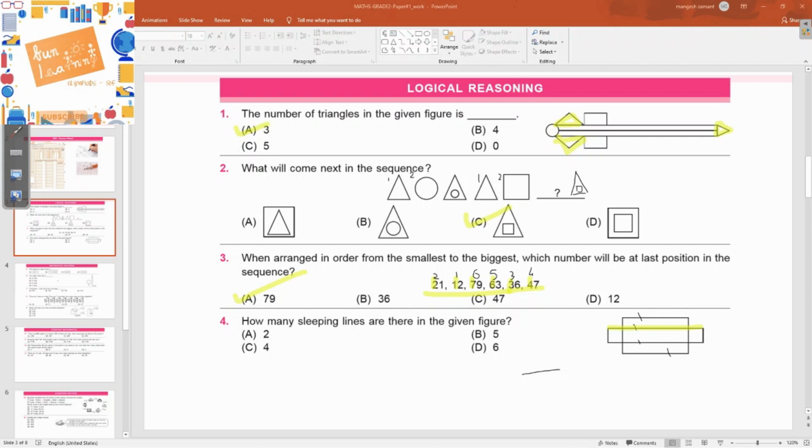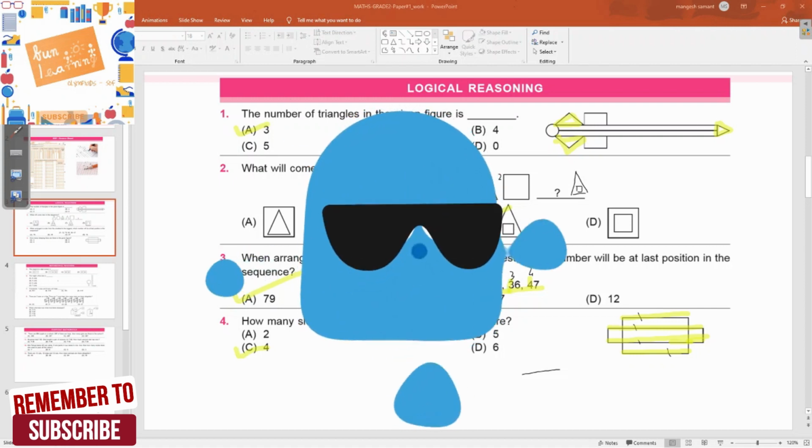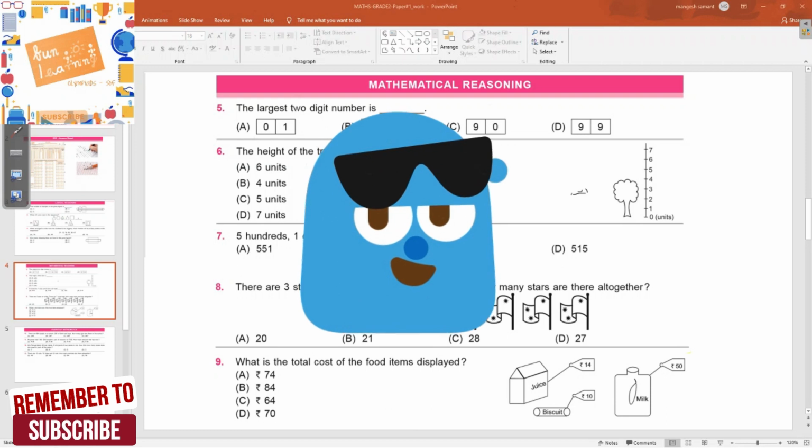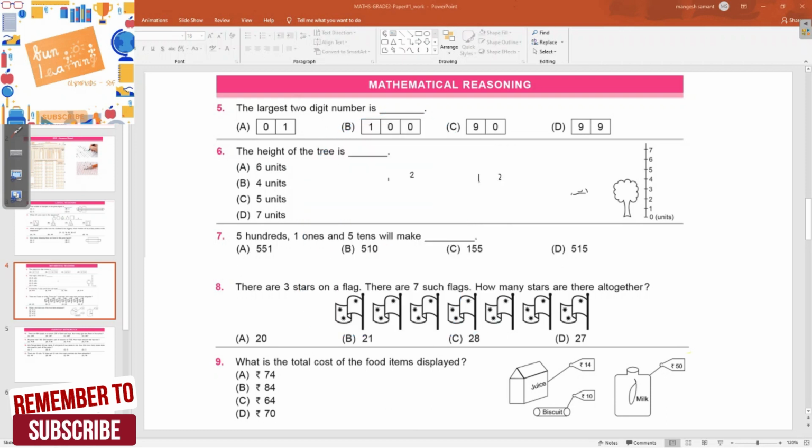So what I did in the sleeping lines is we have to choose these full sleeping lines from one end to another. Don't stop in any intersection. So we have 4 sleeping lines. Do we have an option here? Yes, we do. So that's a good solving of our first section. Well done, kids. That was in a very short time.